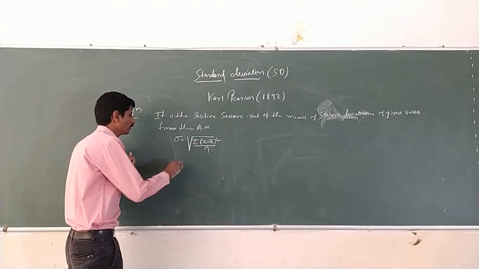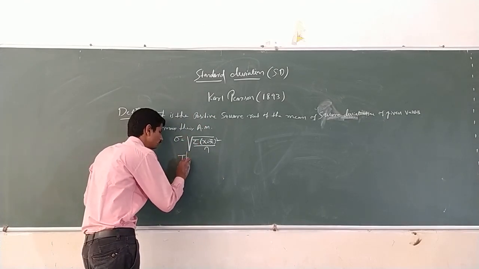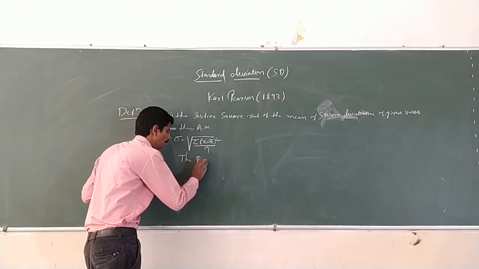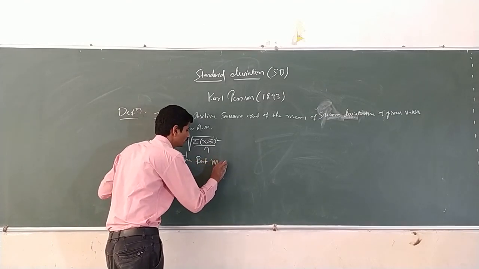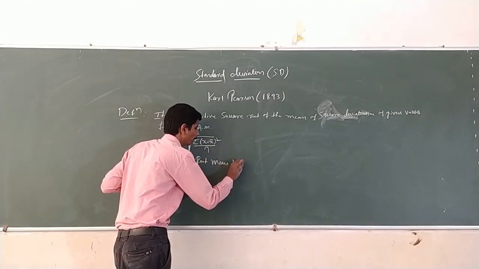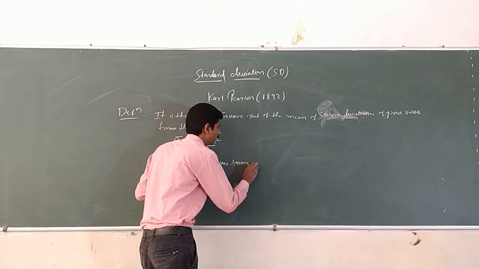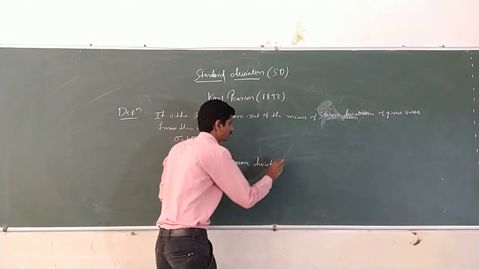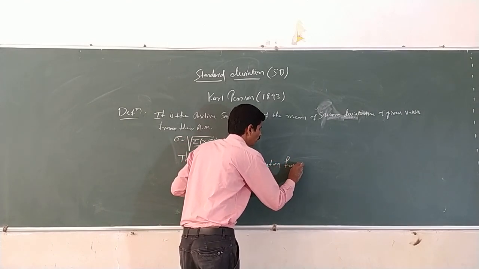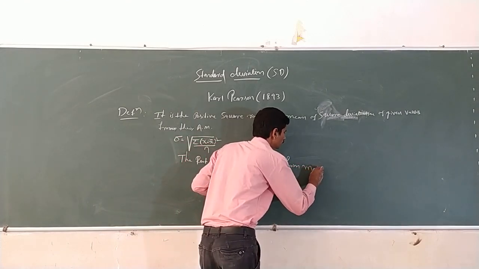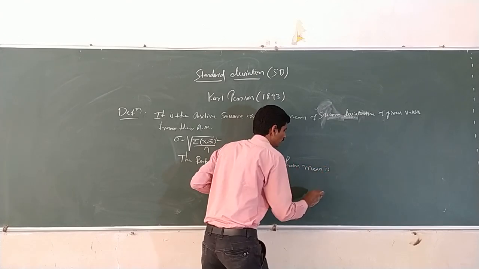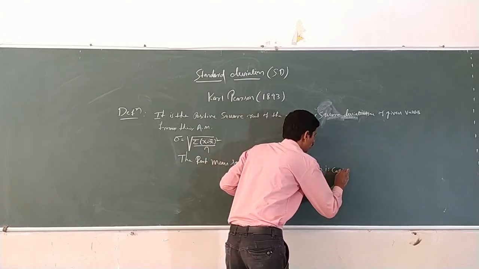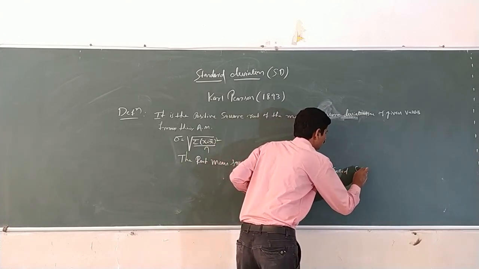Another definition: the root mean square deviation from mean is called standard deviation.